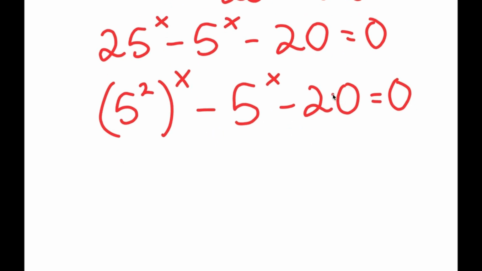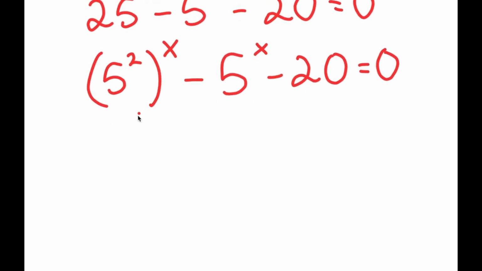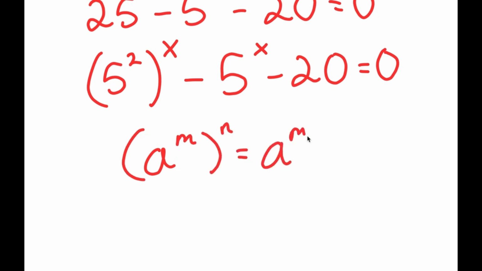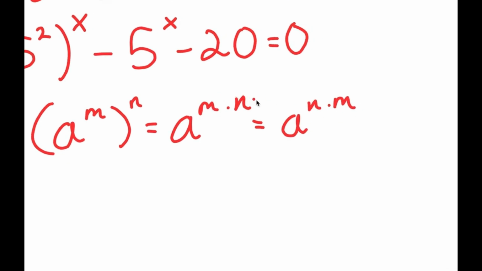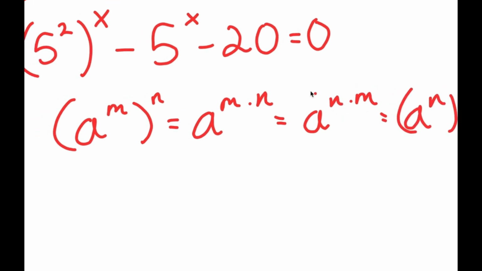And now from here, if I have something in the form a to the power of m to the power of n, this is the same thing as a to the power of m times n. And a to the power of m times n, I can rewrite as a to the power of n times m. So if a to the power of m times n is equal to a to the power of m to the power of n, then a to the power of n times m should equal a to the power of n to the power of m.